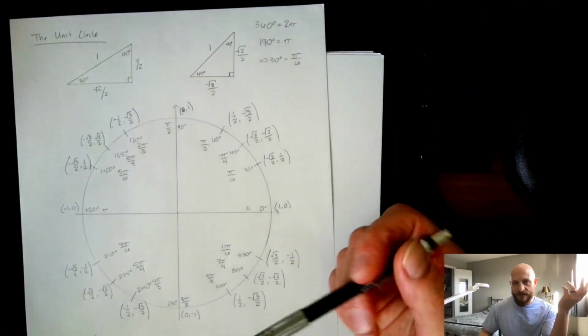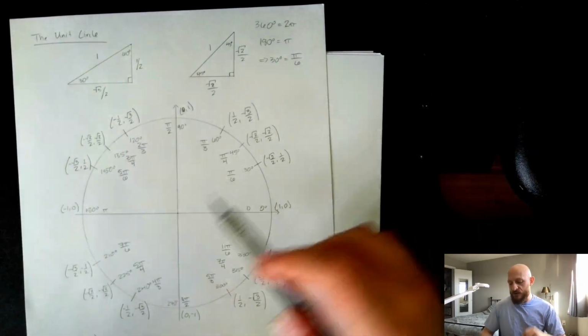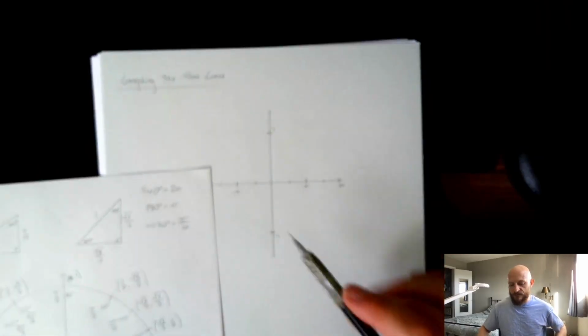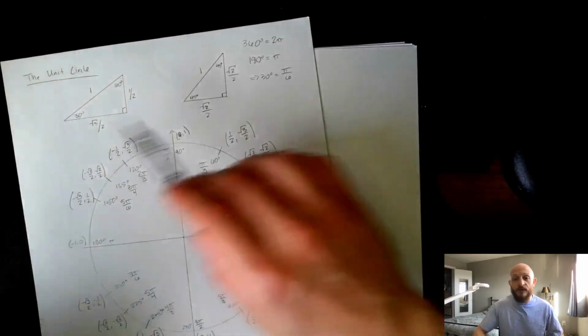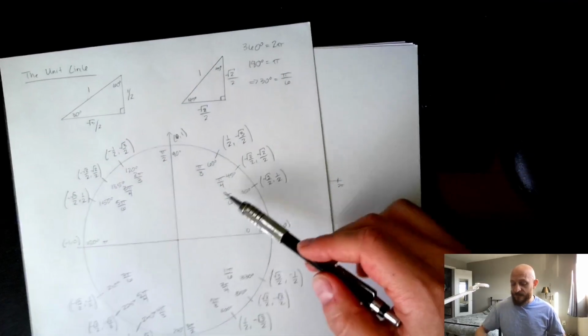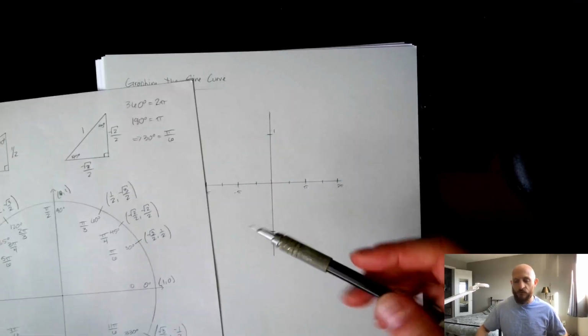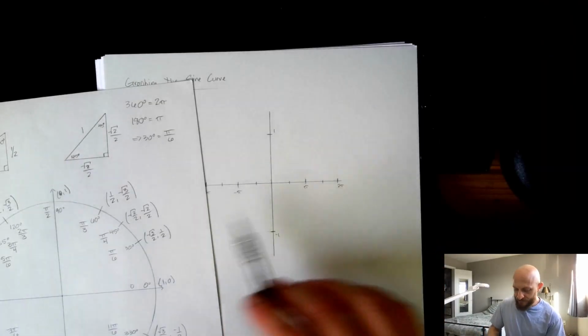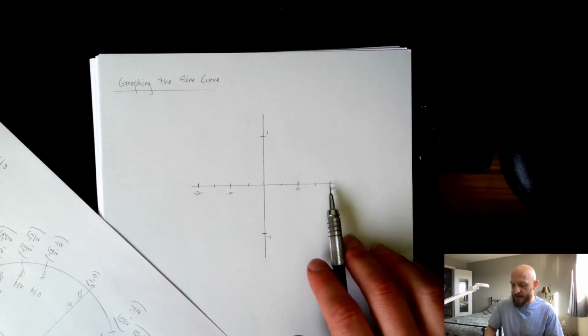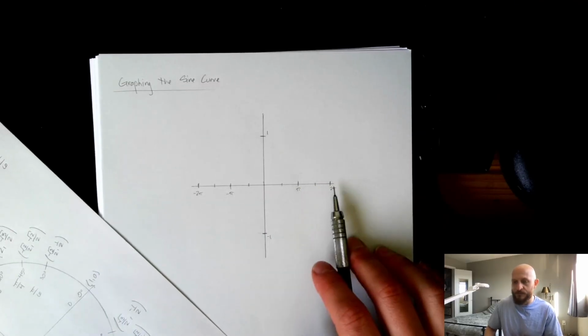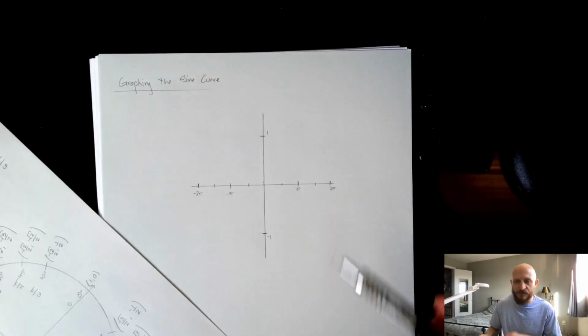One important thing to note is that when we are translating this over to the Cartesian plane, we're going to be using radians, because the radians are what translate over. For instance, I have my graph marked off here by pi units, essentially pi over 2 units.